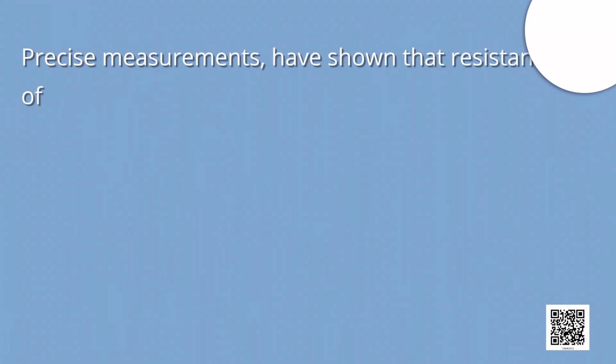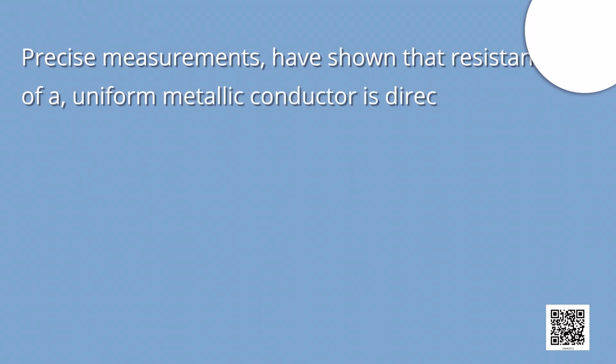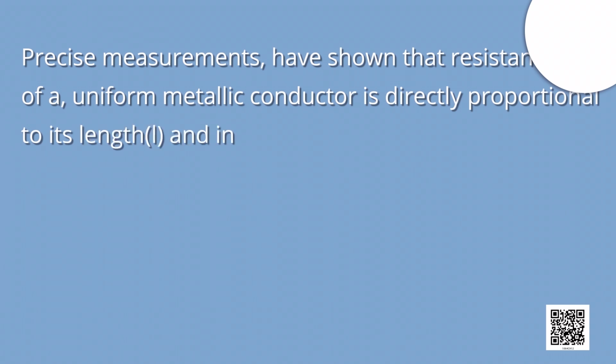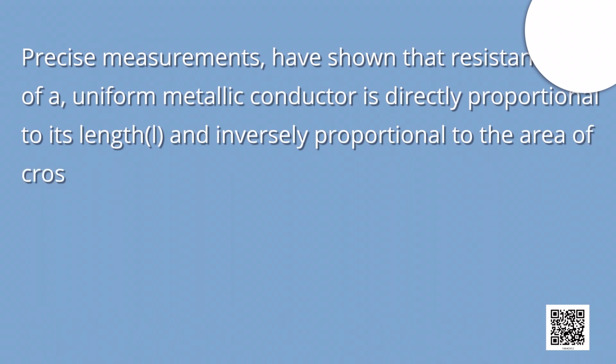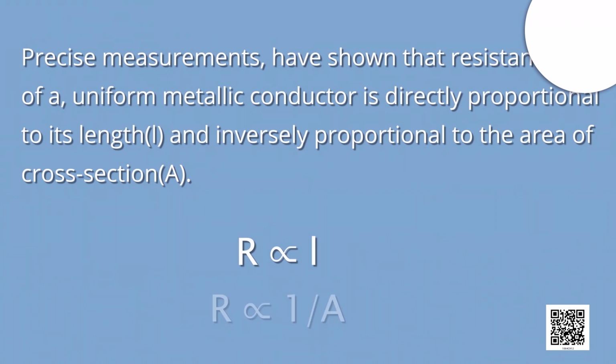Precise measurements have shown that resistance of a uniform metallic conductor is directly proportional to its length L and inversely proportional to the area of cross section A. That is, R is directly proportional to L and R is inversely proportional to A.